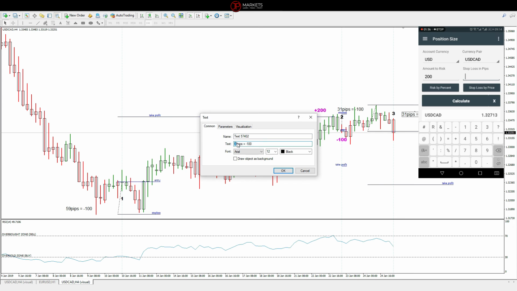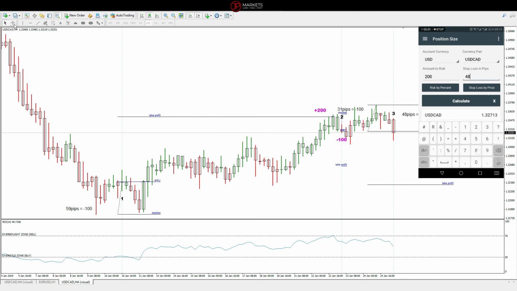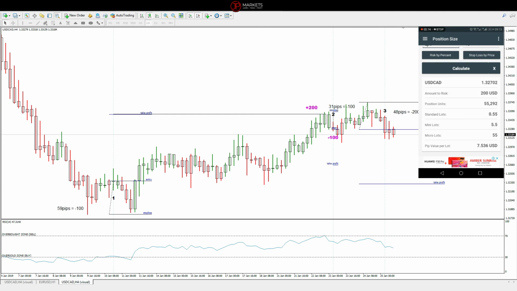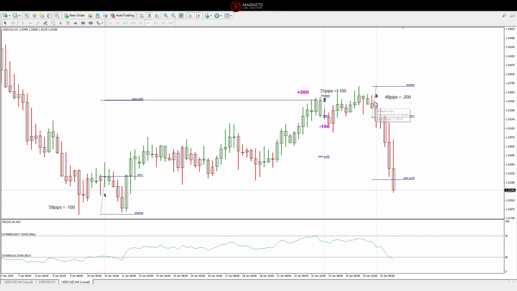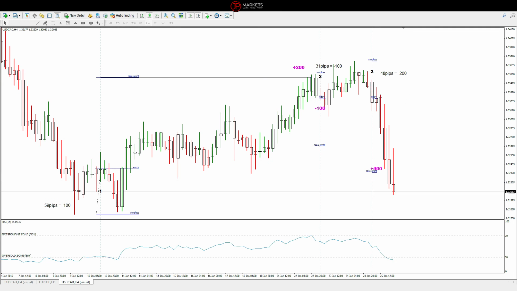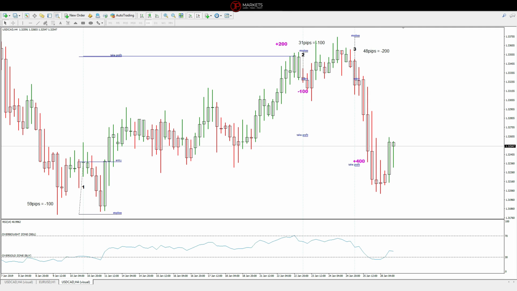So we find now there's 47.4 pips, and now instead of risking $100 in this space, I want to try and risk $200. So let's see how it works out for us. There we go, take profit, making ourselves a nice $400 on this deal.